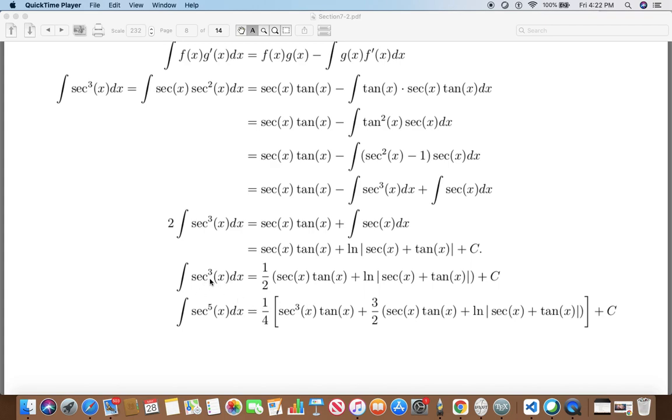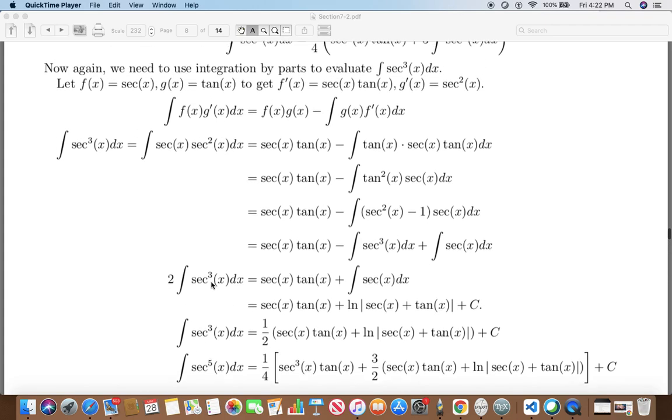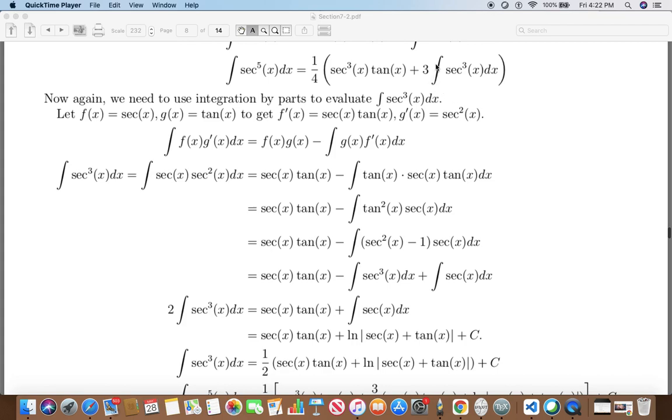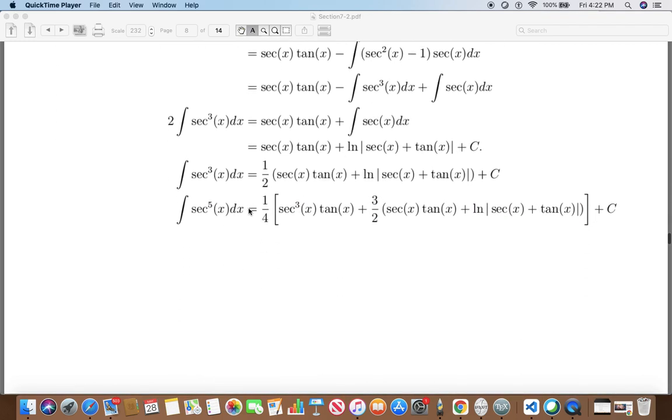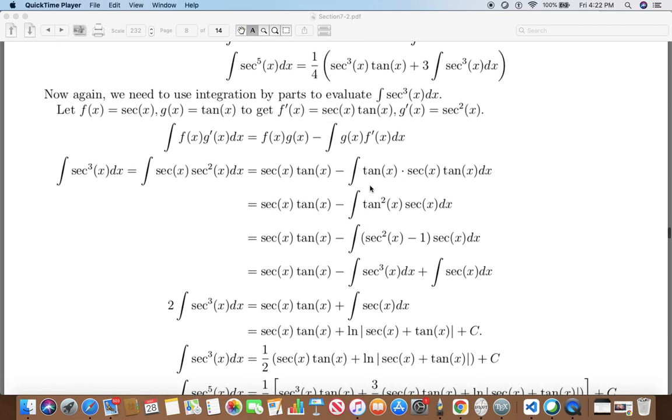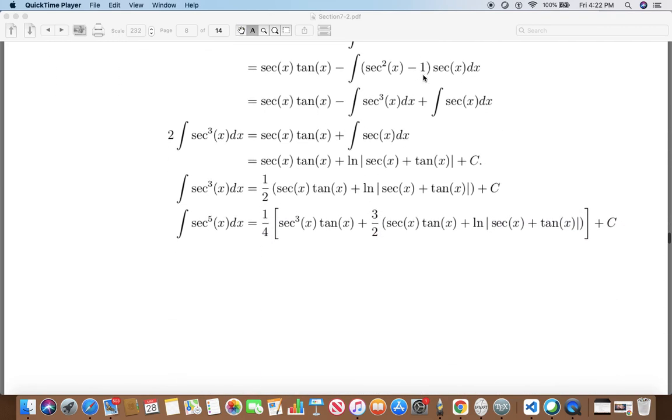So you got the integral of secant cubed. All we are going to do is place that integral here. So the integral of secant to the 5th power x dx is 1/4 of something big. So write that down: 1/4 secant cubed x tan x plus 3 times this quantity.